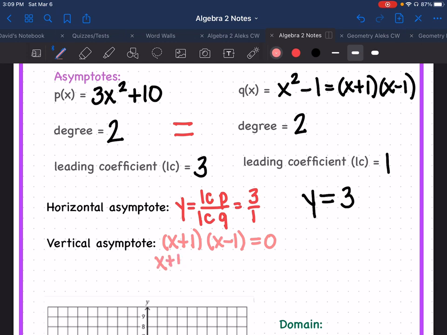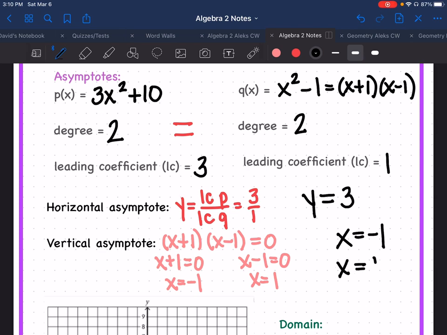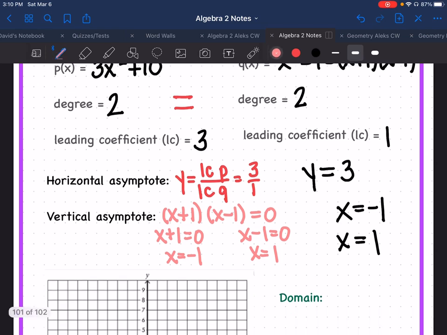So I have x plus 1 equals 0, or I have x minus 1 equals 0. This one would give me x equals negative 1. This one would give me x equals positive 1. So I have two vertical asymptotes, one at x equals negative 1 and one at x equals positive 1. Yes, that can happen.